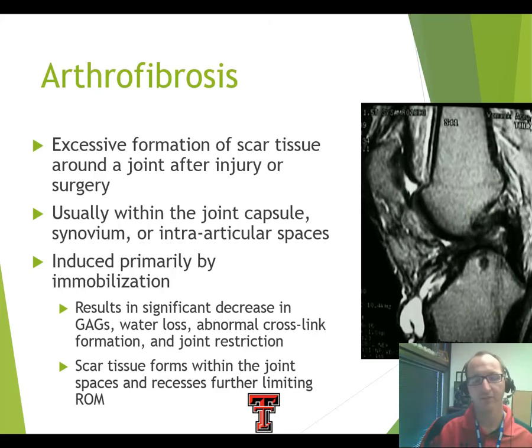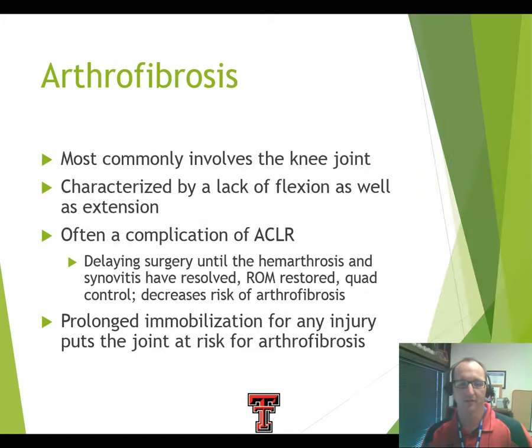You get an athlete that keloids very easily, then surgery is going to be a big deal, because if they'll develop scar tissue on the surface of their skin, oftentimes they'll develop scar tissue elsewhere, and a surgical incision will scar. Okay, this is usually induced primarily by that immobilization. So trying to keep them mobile or moving them to the extremes of whatever the physician has prescribed for them is going to help you, because otherwise that tissue is going to have to be broken, and that's painful and hard.